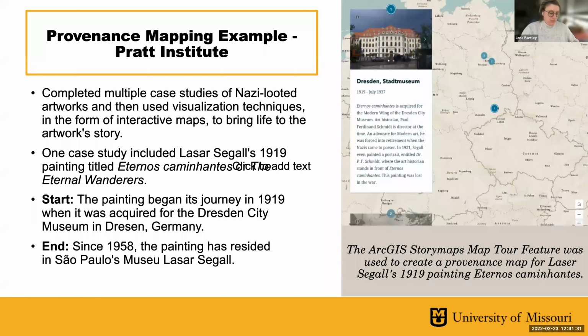All right, so back to this example, I actually wrote down all of the path of this one, just because I thought it was so interesting. Like I had mentioned before, the origin is in 1919 in Germany, so the Dresden City Museum acquired it.